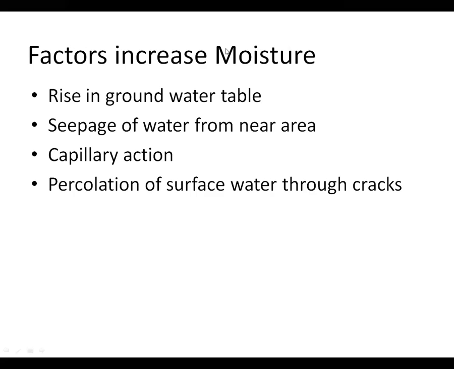Even if you remove the water from the surface, if the adjacent land does not have a system for draining the water properly, it percolates below the ground, and as it percolates, the water table level keeps increasing. When the water table level increases, it acts as uplift pressure on the subgrade portion.